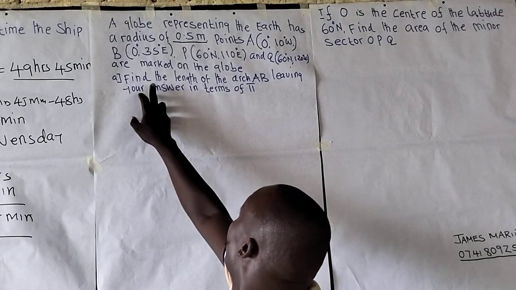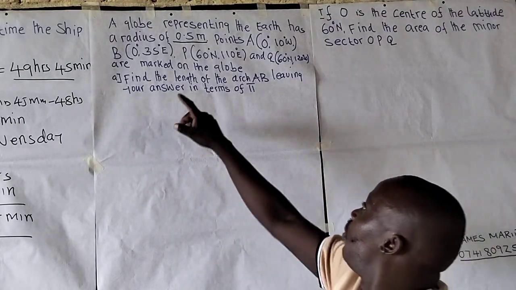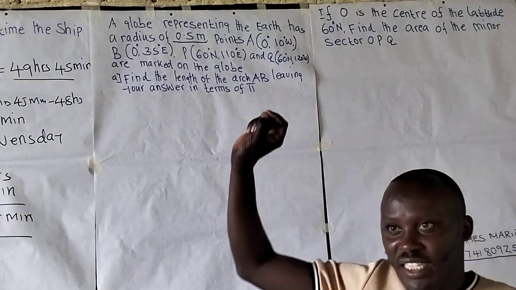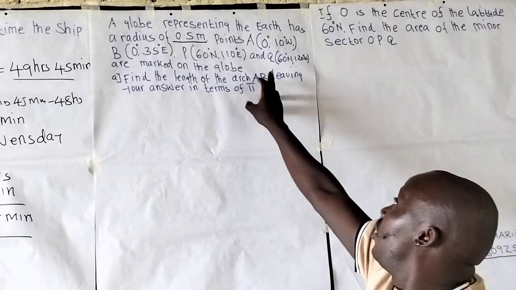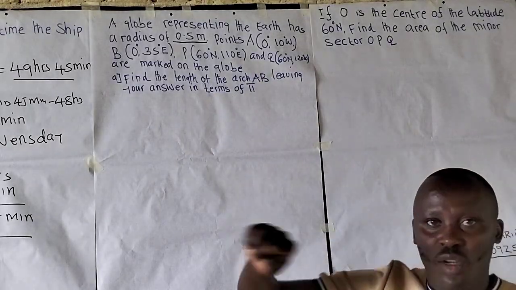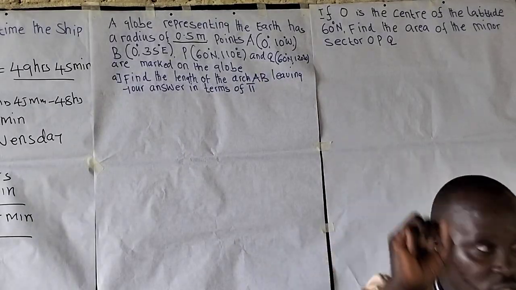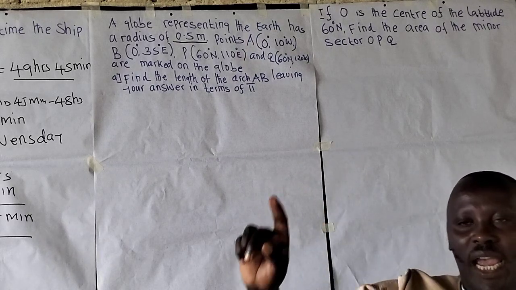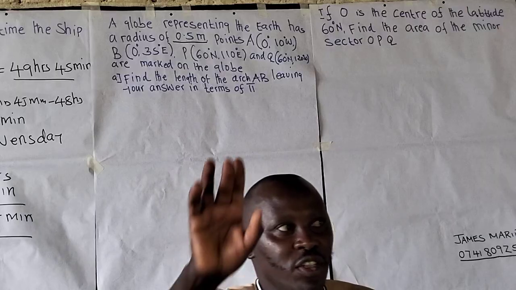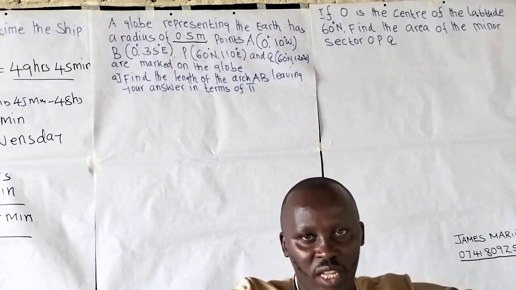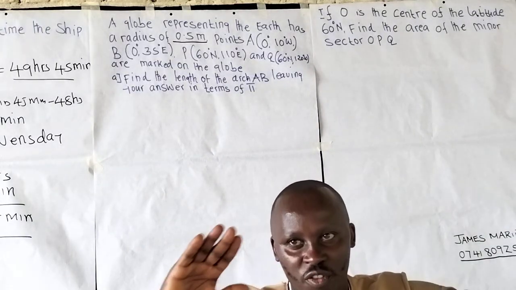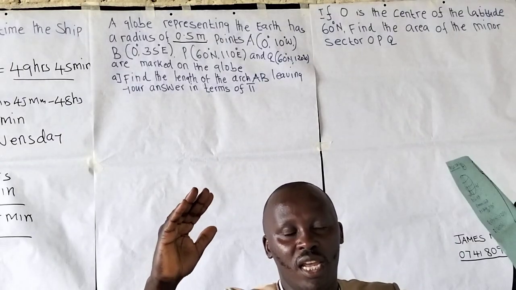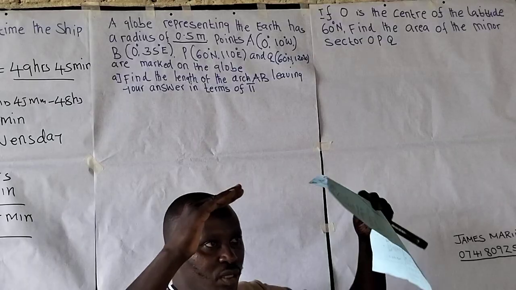Then we have point P, which is 60 degrees north, 110 degrees east, and point Q, which is 60 degrees north, 120 degrees west. What did you realize here? That P and Q share a common latitude of 60 degrees north. From the equator, when you move north, the globe becomes smaller.